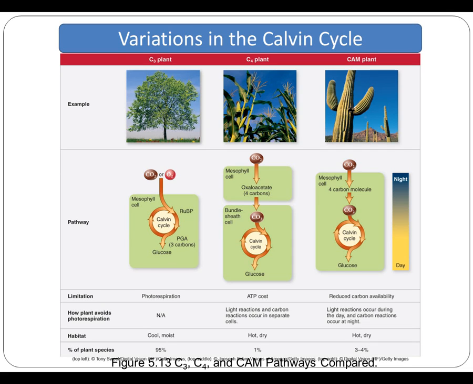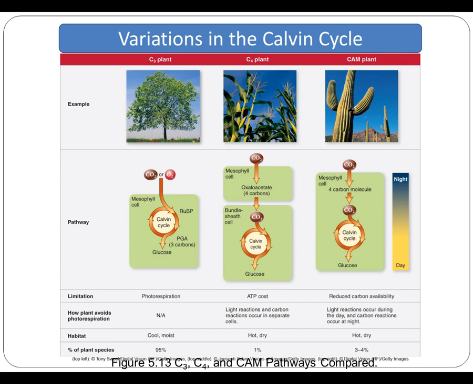They're right adjacent. And that starts the Calvin cycle. The 4-carbon molecule in the bundle sheath cells initiates the Calvin cycle.